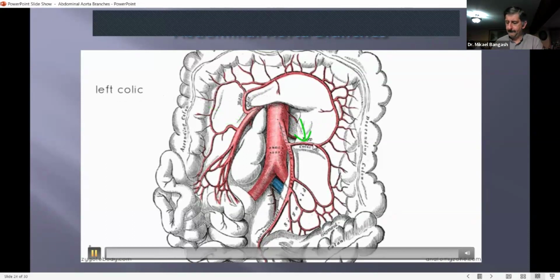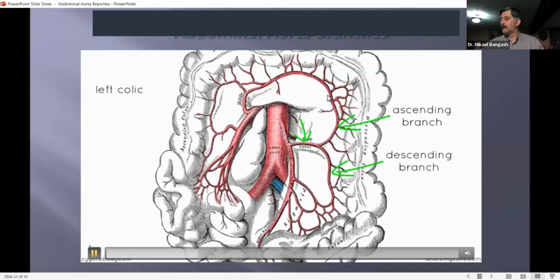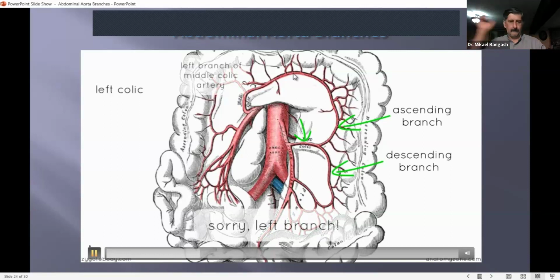The first branch is this one here that comes off at the top. It's the left colic artery, and you can see it divides into an ascending branch and a descending branch. The ascending branch ascends to anastomose with the left branch of the middle colic artery.